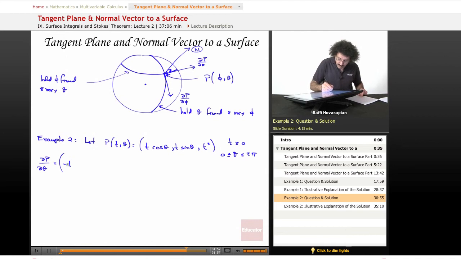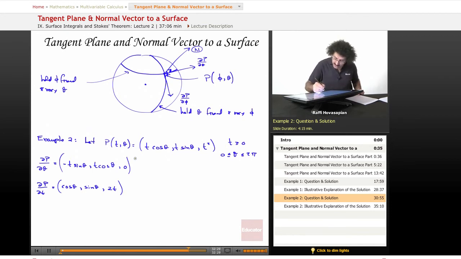You're going to end up with minus t sine theta, t cosine theta, and 0. And let's go ahead and take dp dt. That's going to equal cosine theta, sine theta, and 2t.